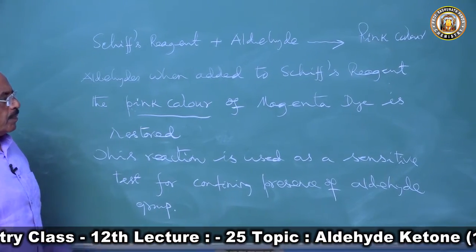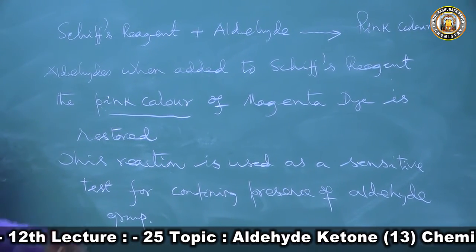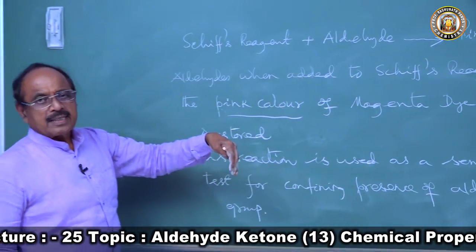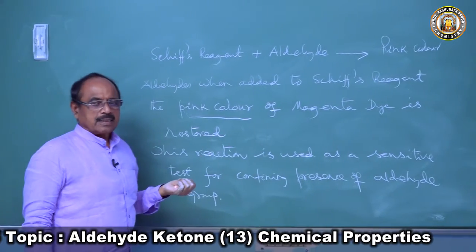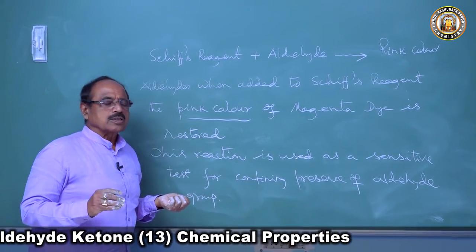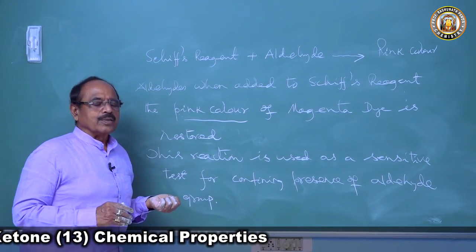If any organic compound contains an aldehyde group, we add Schiff's reagent to that, immediately it will become pink color. But ketones do not produce pink coloration with Schiff's reagent.